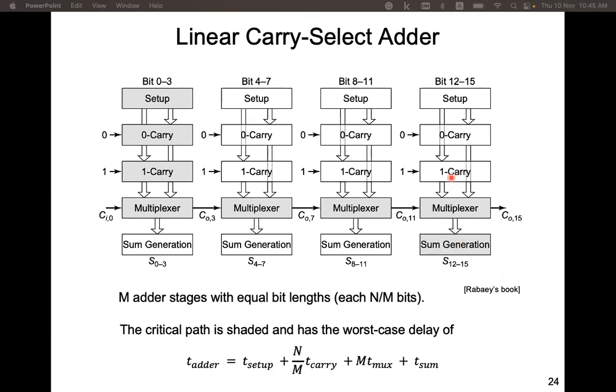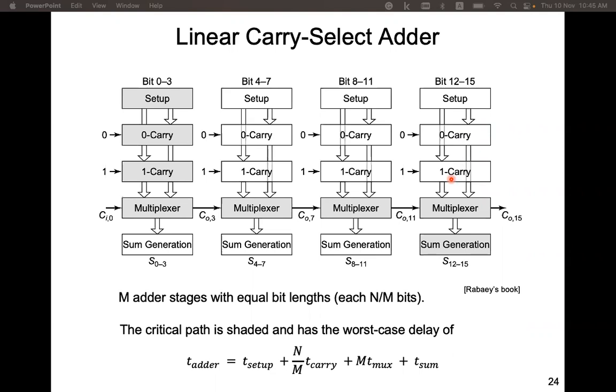Let me explain this one by one. For the sum calculation, these 2 are not to generate the sum, they are to generate the carry out for all the bits there. The sum still needs to be performed here.